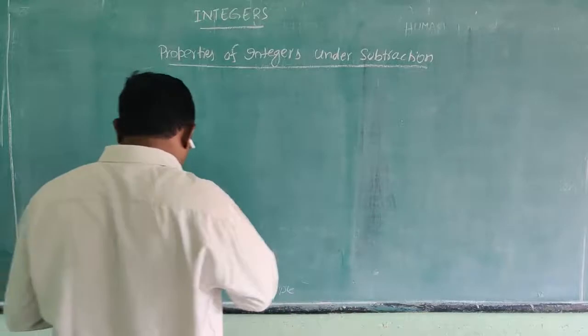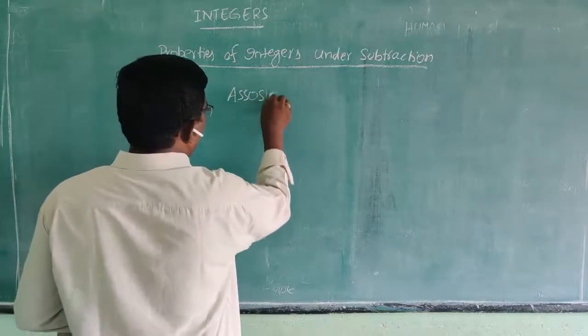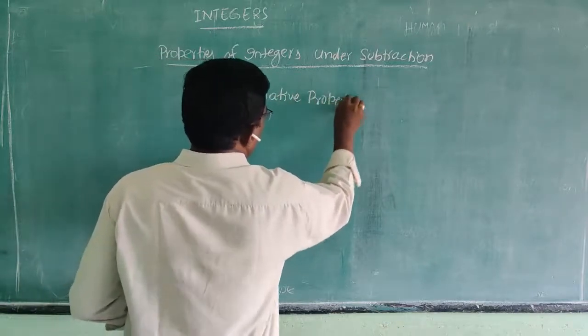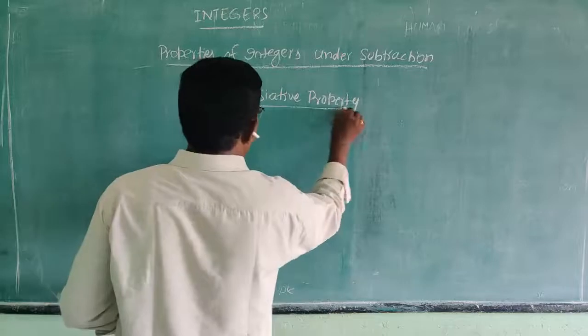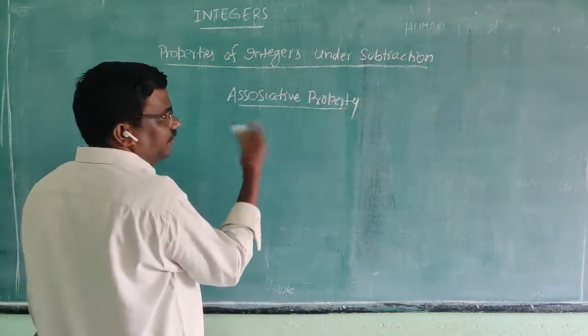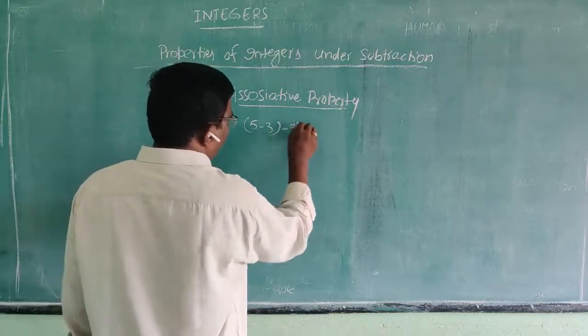Associative property. For example, 5, 3 and minus 2. Take 5 minus 3, minus 2.